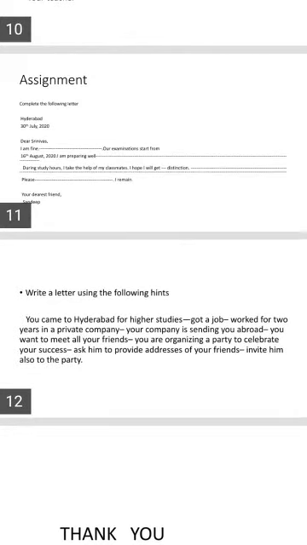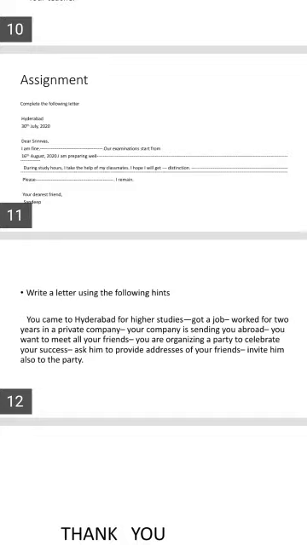First, Hyderabad, 30th July 2020. Dear Srinivas, I am fine here by the grace of God. Our examinations start from 16th August 2020.